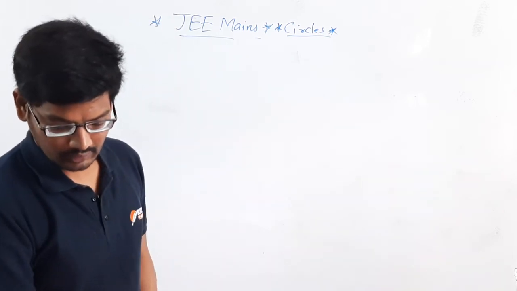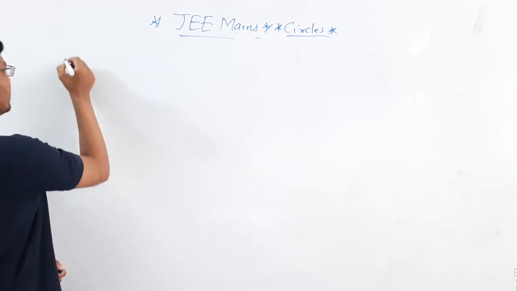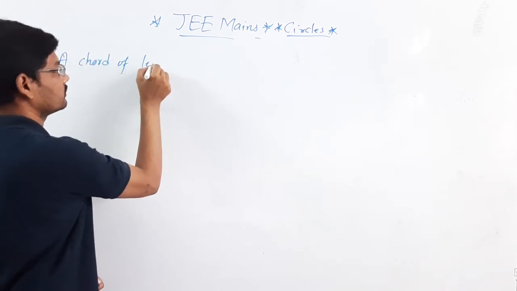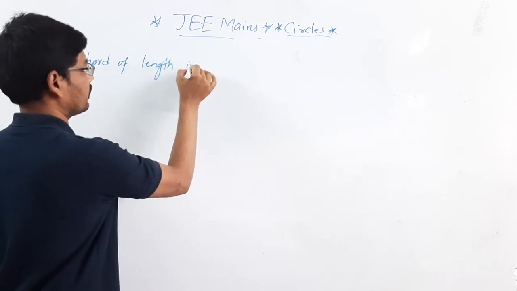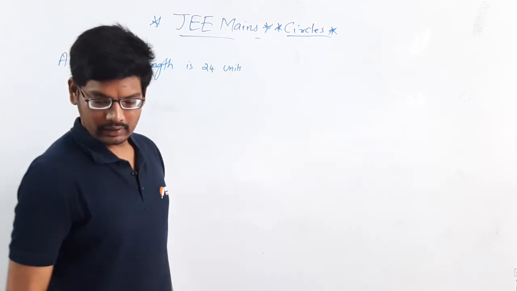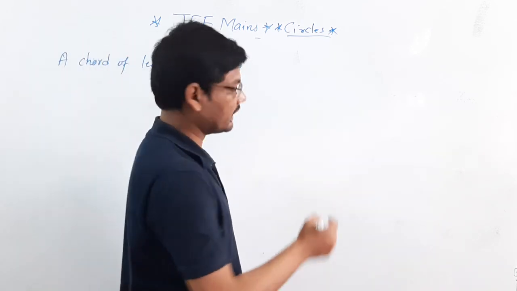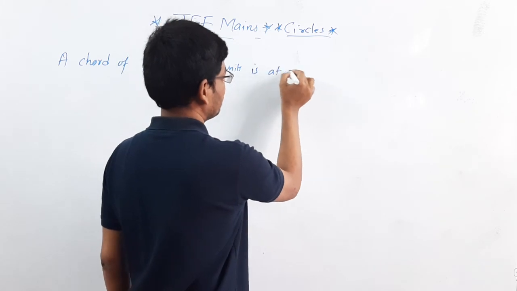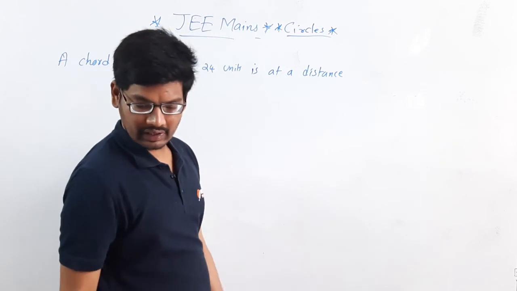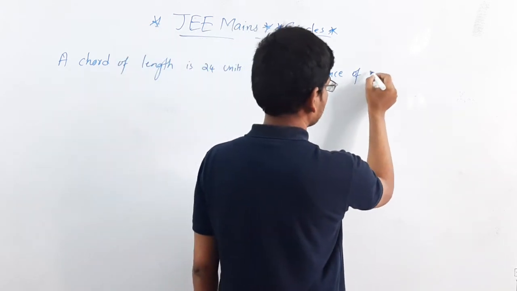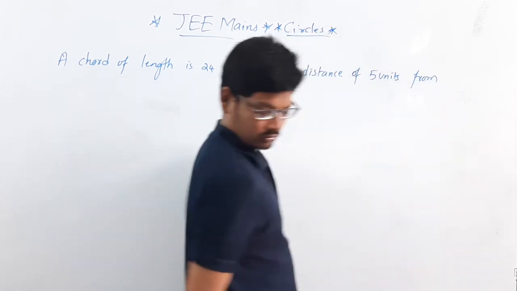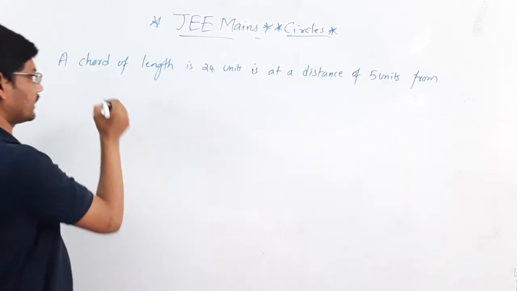The question is: a chord of length 24 units is at a distance of 5 units from the center of the circle.